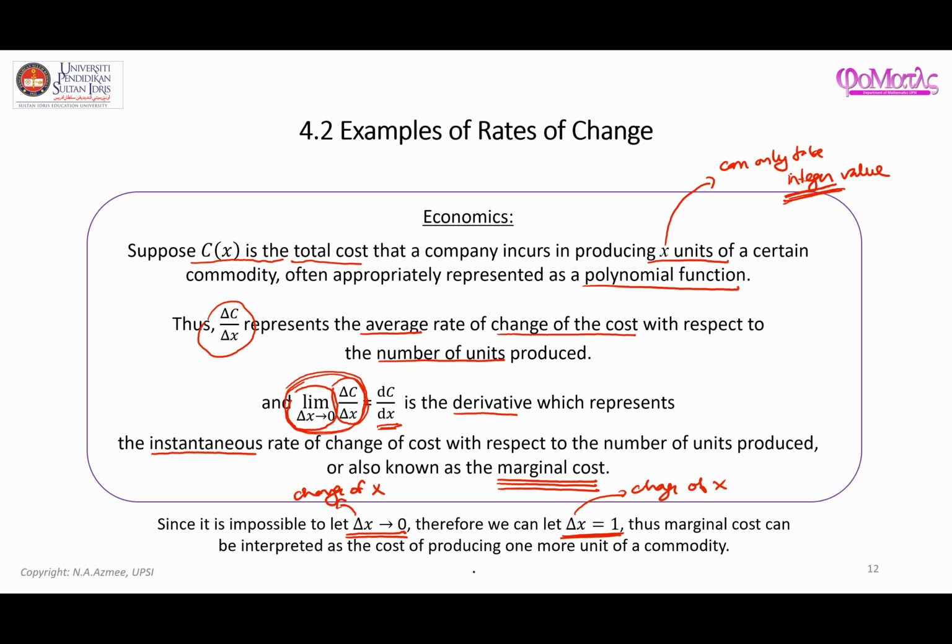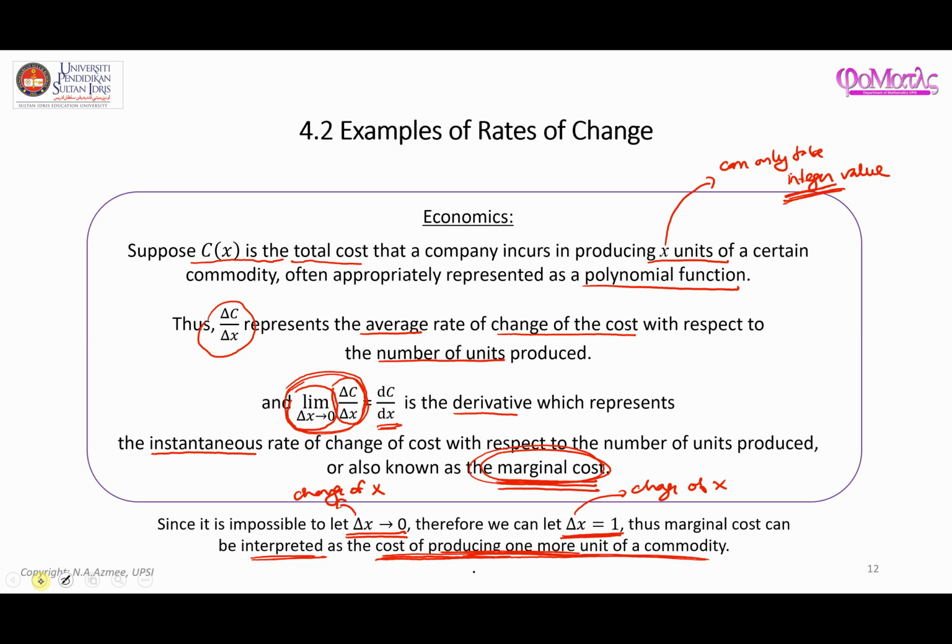Therefore, marginal cost can also be interpreted as the cost of producing one more unit of a commodity.